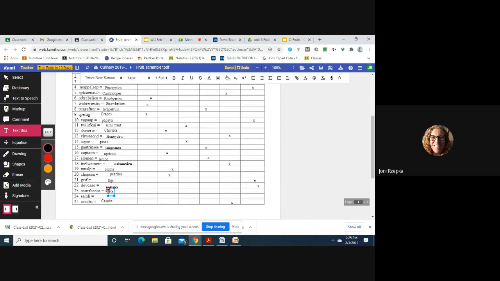Well, the 24 is limes, but 23 is cranberries. Oh yeah, I skipped that on accident. And that one is a berry. Yep. And then you said limes. That's citrus. And then a casaba is like a melon. It's just got a more yellow outward appearance. So that's casaba, and that's a melon.